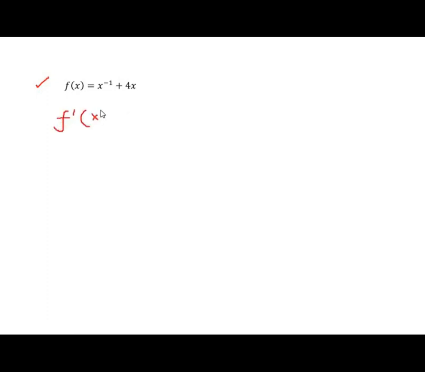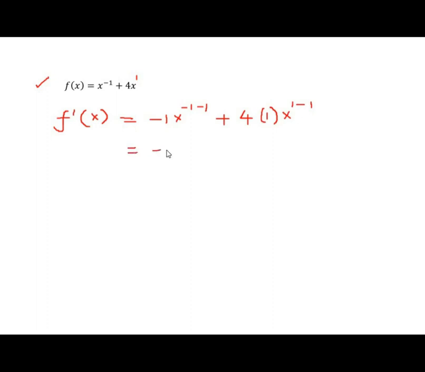F dash of x is equal to, we know that we have to get the power down, so it becomes negative 1, and x is reduced by a power 1, so it becomes minus 1, plus, keep the 4 the same way. Here x to the power of 1, so 1 comes down and x is again reduced by 1. So the power of x is reduced by 1.